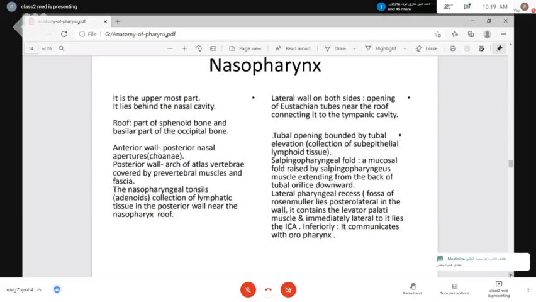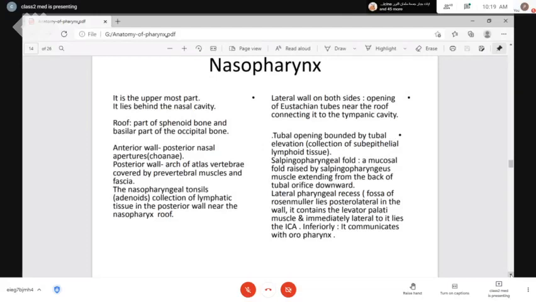The salpingopharyngeal fold is a mucosal fold raised by the salpingopharyngeus muscle, which extends from the back of the tubal orifice downward.